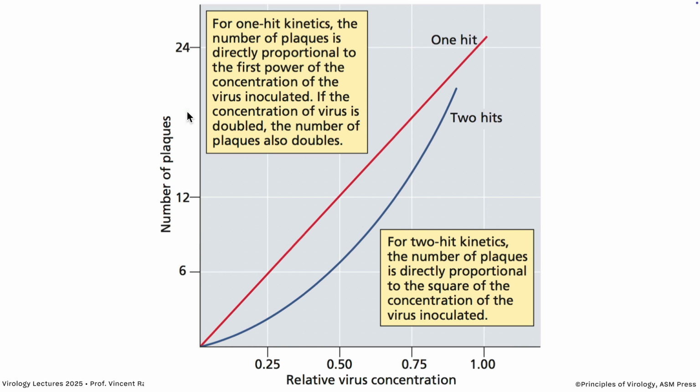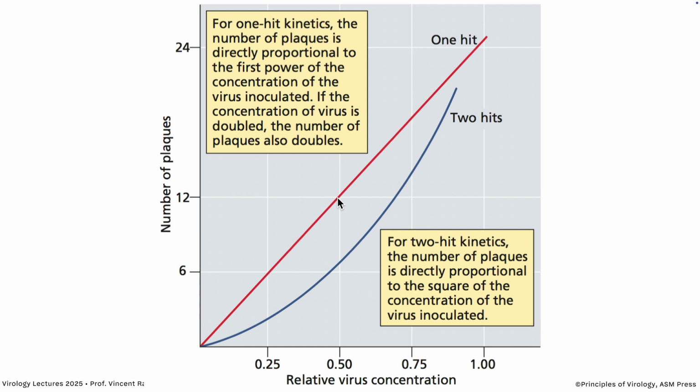If only one virus particle is needed to form a plaque, that will be called one-hit kinetics. You get a straight line. The number of plaques is proportional to the first power of the virus inoculated. If you double the concentration, you double the number of plaques.